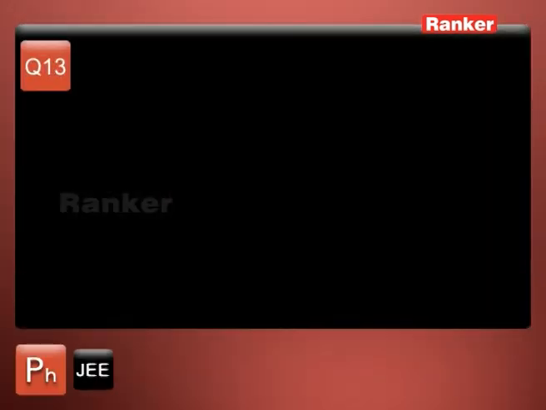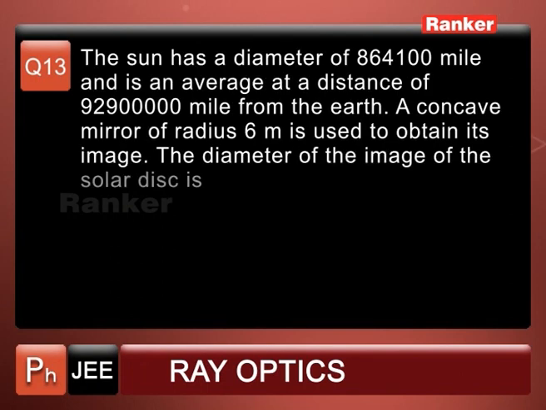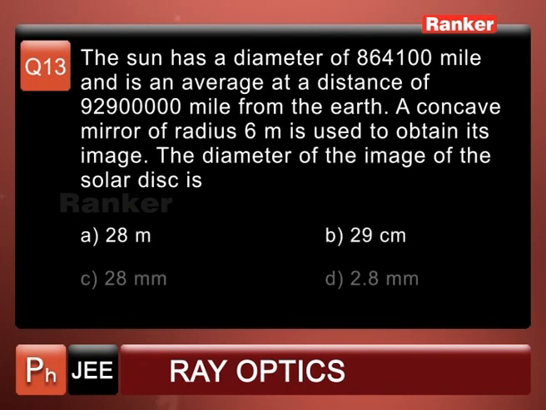Check the 13th number. Problem number 13. The sun has a diameter of 8,64,100 miles and is at an average distance of 929 into 10 to the power 5 miles from the earth. It's given 929,00,000, 5 zeros.